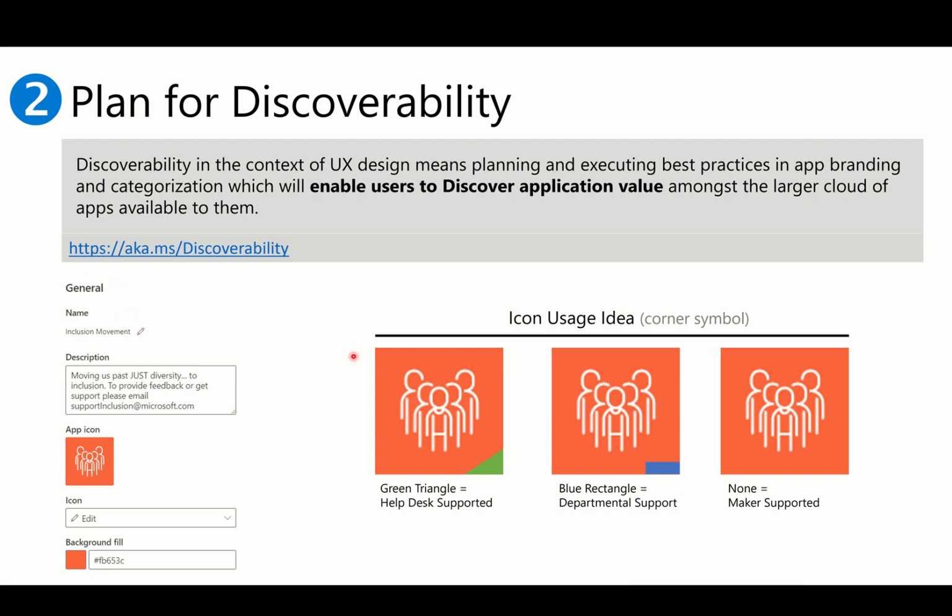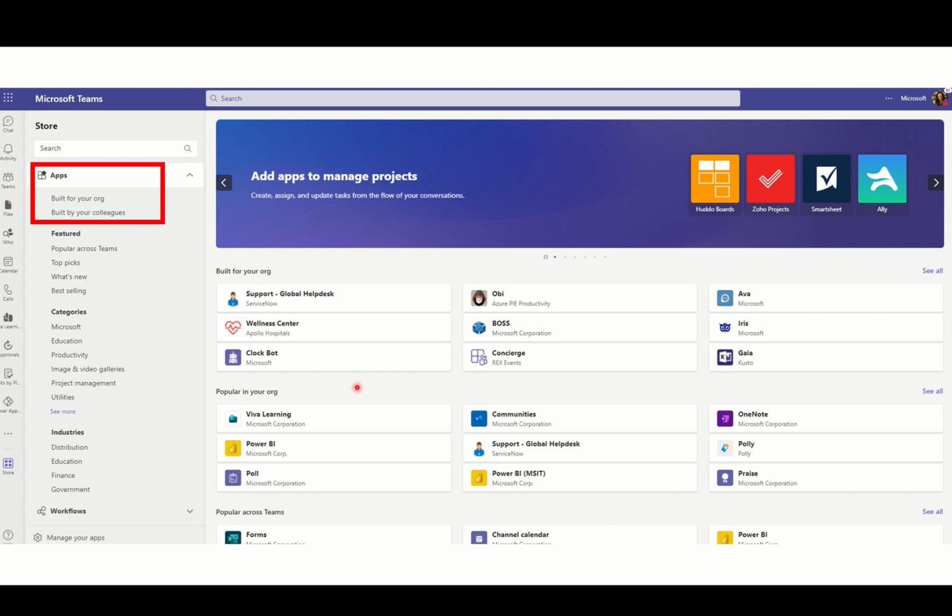And we have a little link here you can look at about discoverability. And when we do the deep dive, you will actually see 3 different ways to promote apps in the app galleries in addition to the icon. Another thing I like to talk about is when you promote apps to Teams. I love that it has this section, if you look up on the top left here, built for your org.